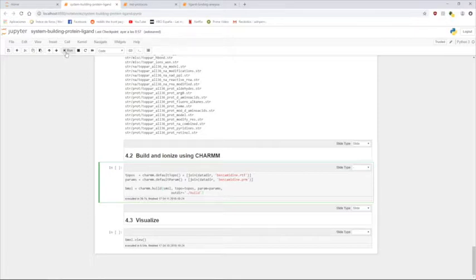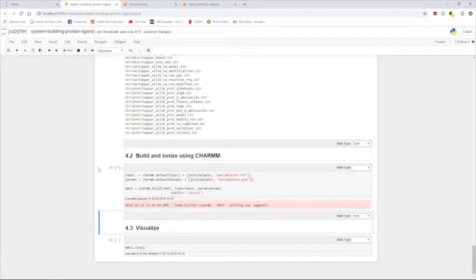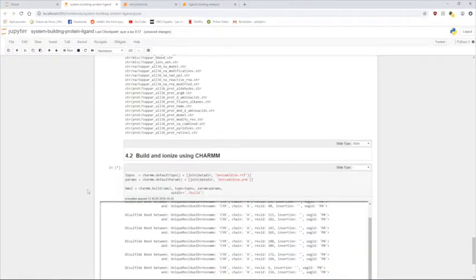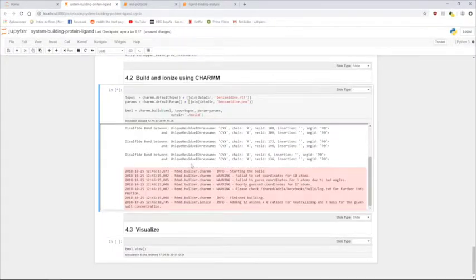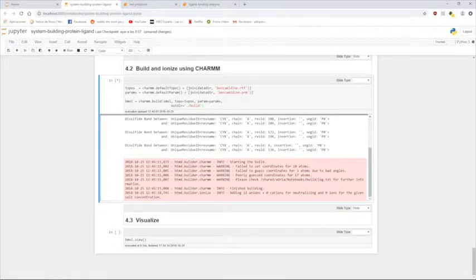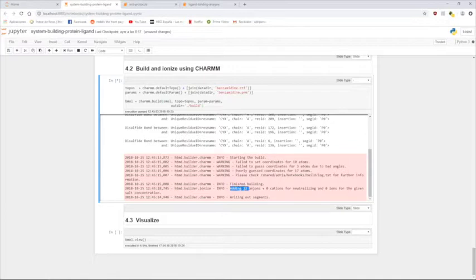So we'll run this now and it starts building our system. It's putting it in segments because that's what the MD code needs. You see that it's setting the sulfide bonds. It's guessing some other coordinates for missing atoms, and also adds the correct salt concentration. In our case, it needed only 12 anions.